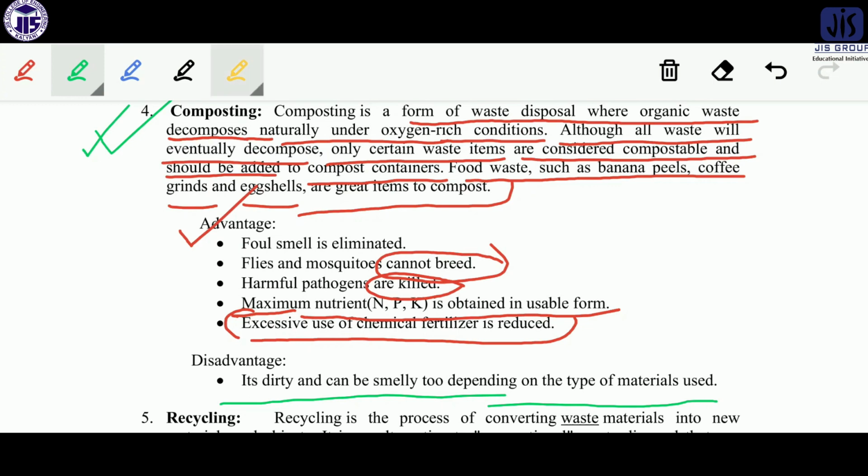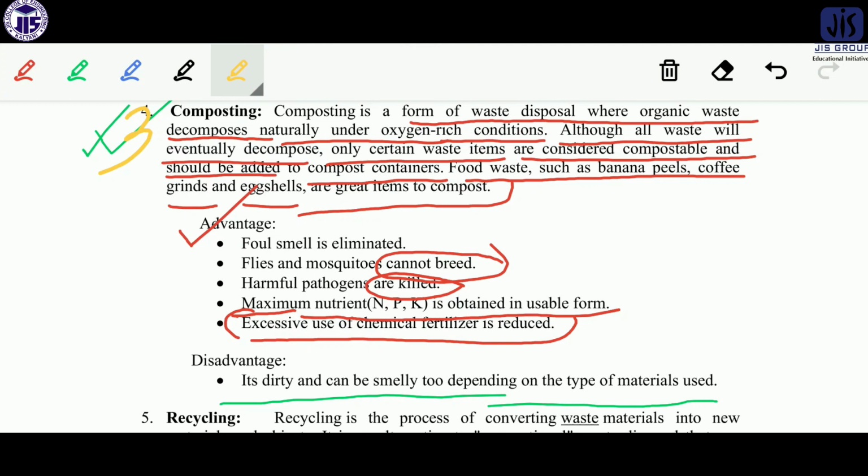So these are the three types of processes which we discussed. Another is open dumping, but open dumping is not very fruitful for the environment. So these three are the major processes by which disposal methods are followed. So that's all for today.